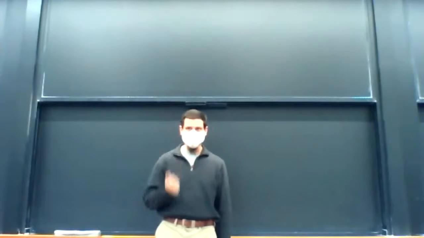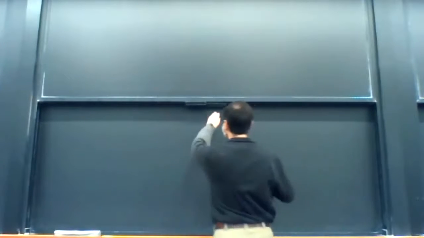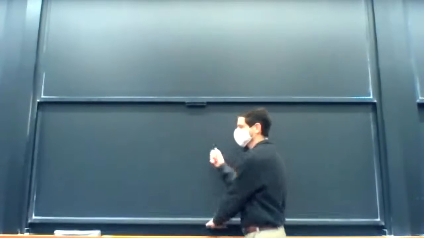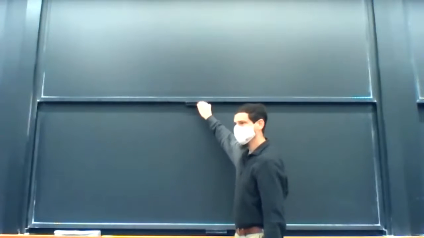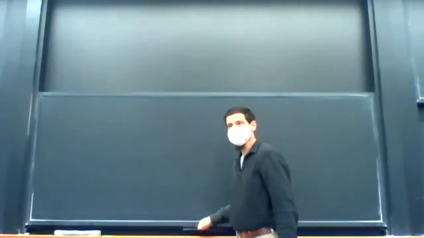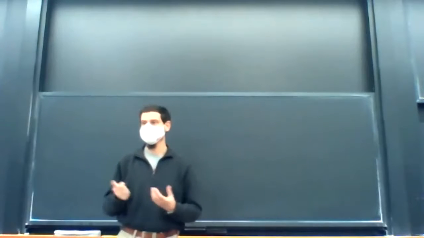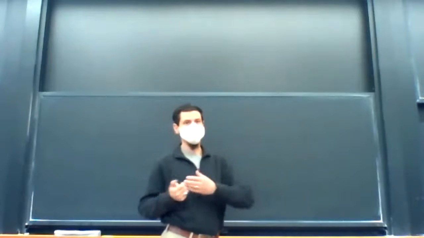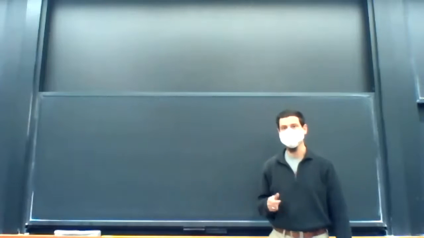So for this class, a rectangle is better than a circle. Why does a rectangle beat a circle? The reason is the bounds of integration don't depend on each other. X goes from A to B, Y goes from C to D. It doesn't matter. One variable doesn't change the other.